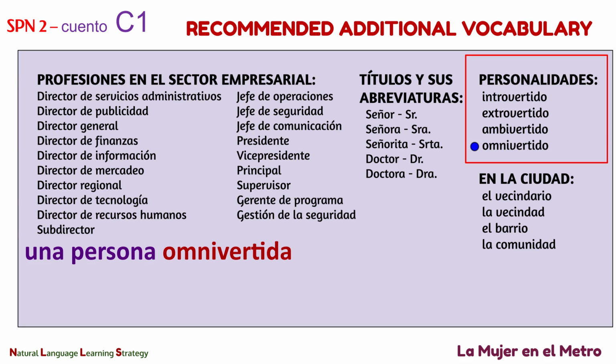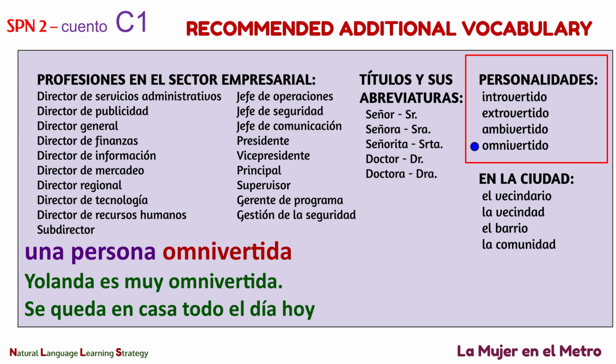Una persona omnivertida is very similar to a person who is ambivertida. They can be very happy around other people and in social situations, but really need to recharge their batteries afterwards with some serious alone time. Yolanda es muy omnivertida. Se queda en casa todo el día hoy porque fue a una fiesta anoche. Yolanda is very omniverted. She's staying at home all day today because she went to a party last night.